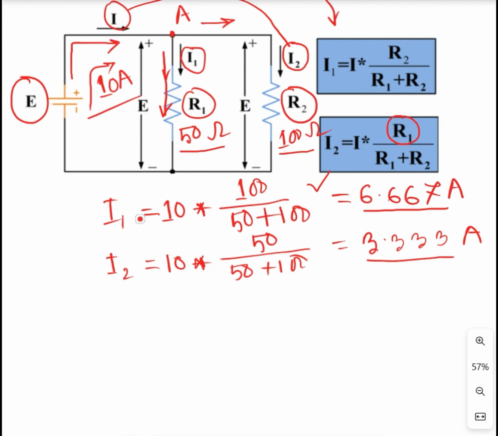And here is another very interesting fact, because of the numbers we have chosen, here is 50 ohms and here is 100. It means double. It means I1 is double the current flow compared to R2, which is 3.33, and here is 6.667 amps. Hope you understand this example.